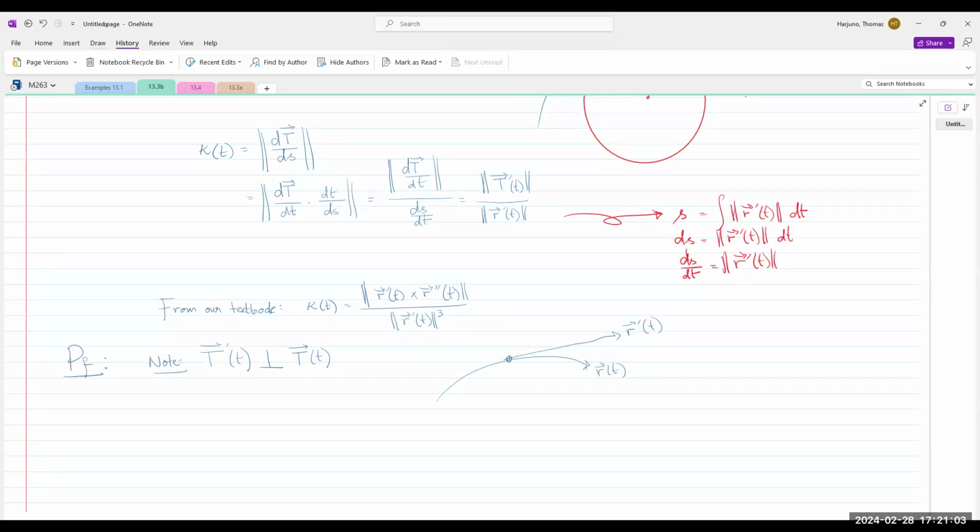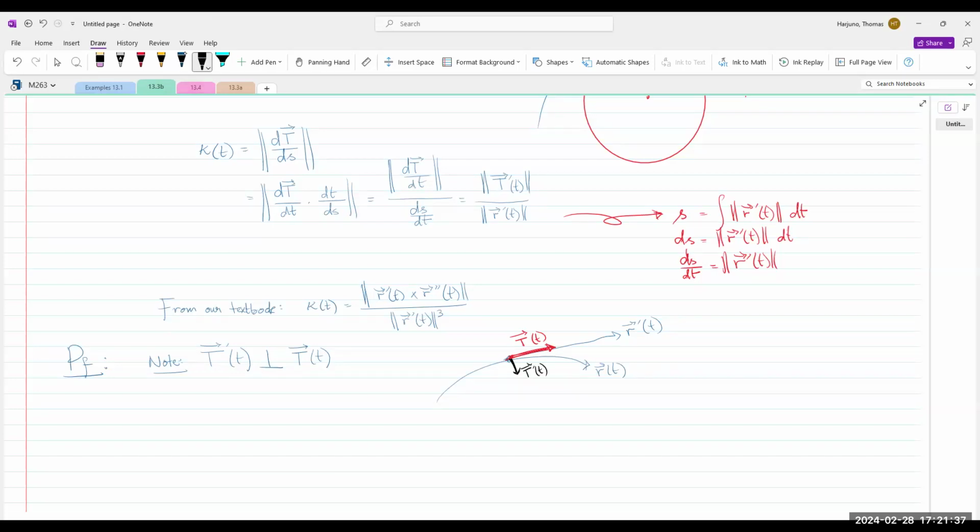Now we know the unit tangent vector has length 1. The change of the unit tangent vector, let me use black color, is always perpendicular to that unit tangent vector. T prime t is perpendicular to T.